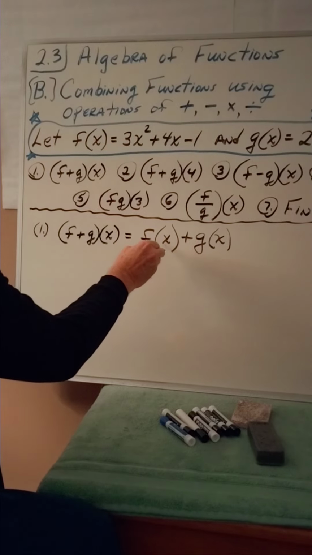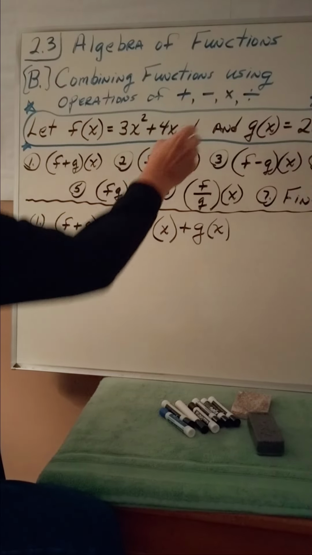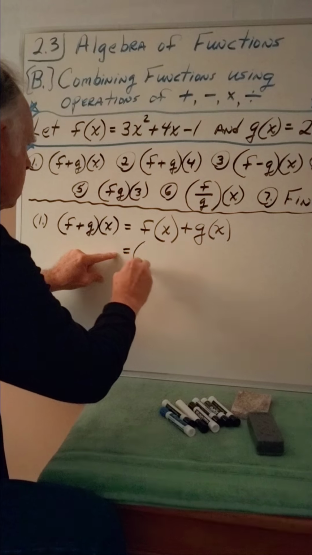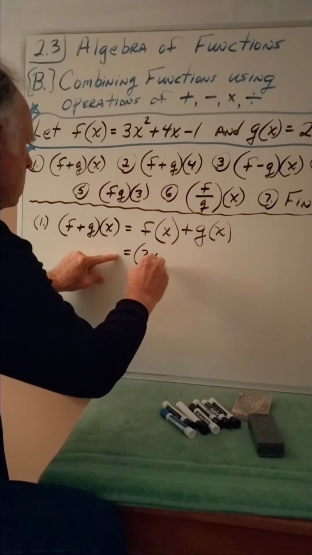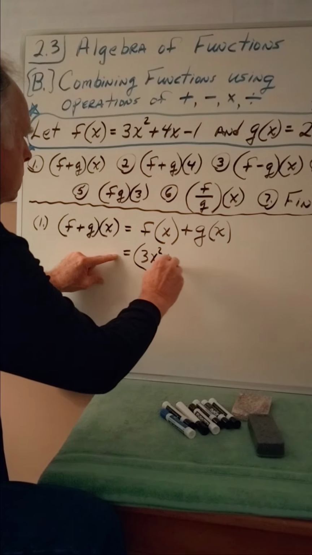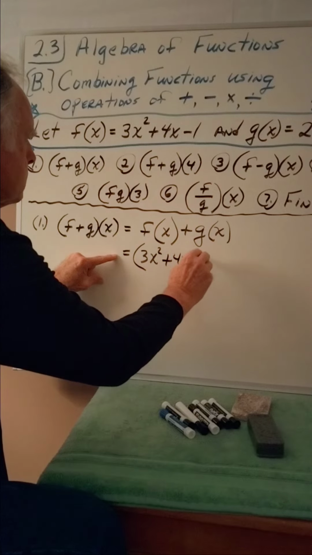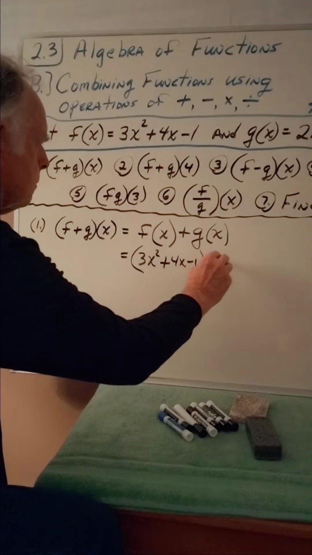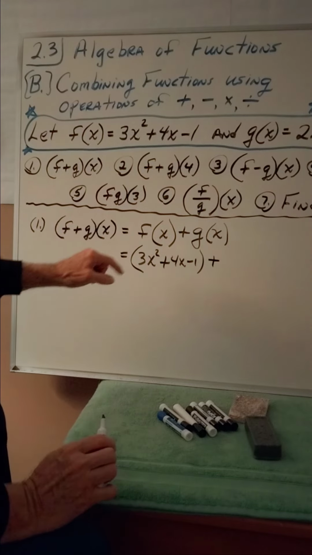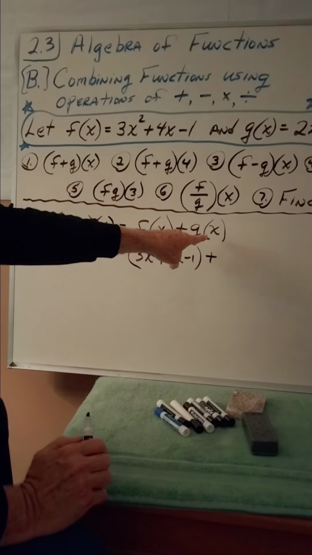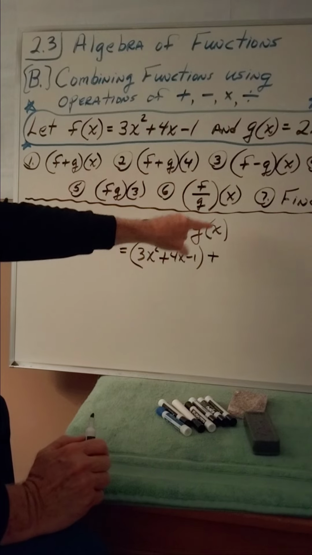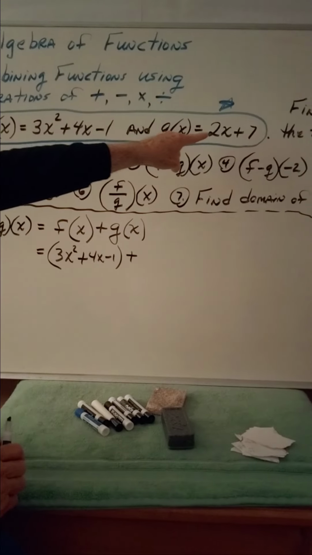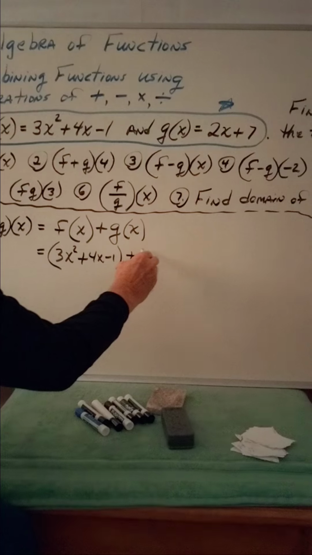So in place of f of x, we're going to put this trinomial: 3x squared plus 4x minus 1. Bring down your plus. And now we're going to add to that function the g of x function, and the g of x function is 2x plus 7.